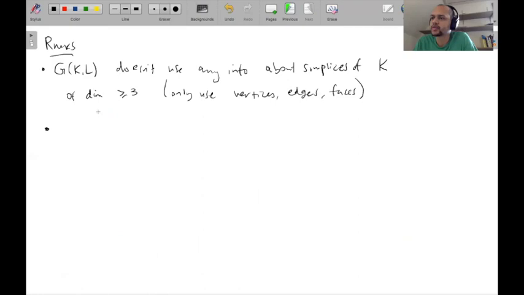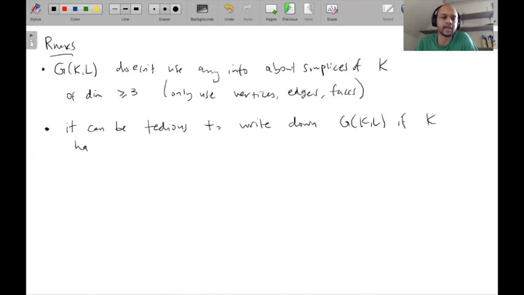Another remark. Well, it can be tedious to write down this group, G_{K,L}, if K has many simplices.